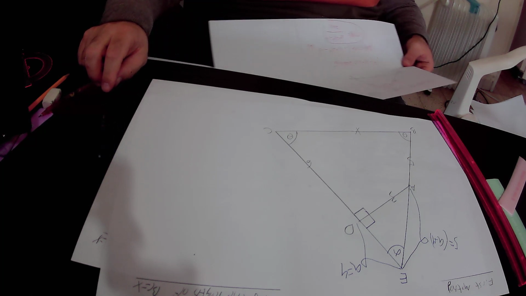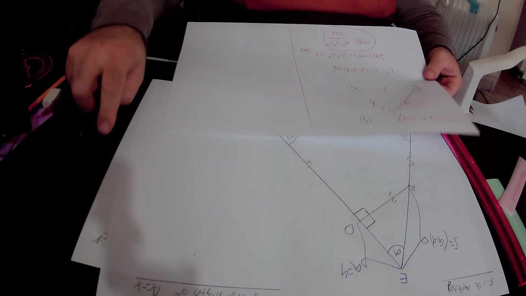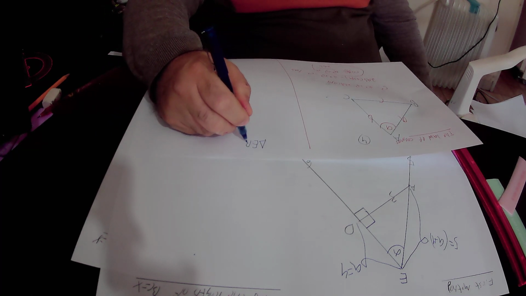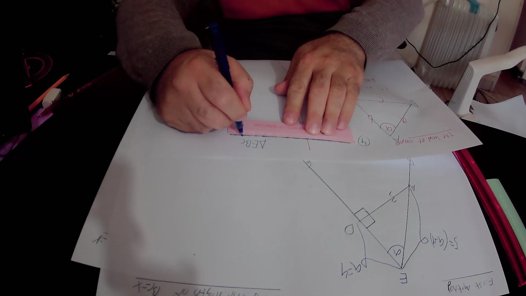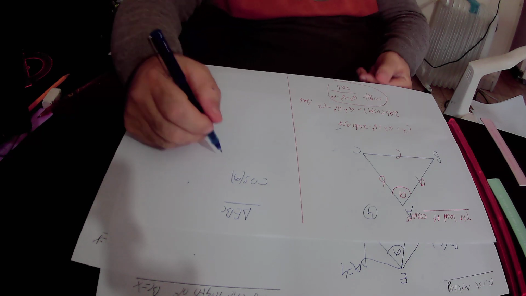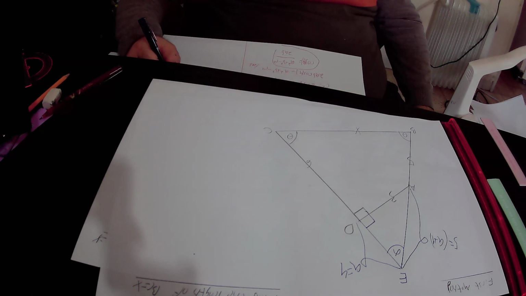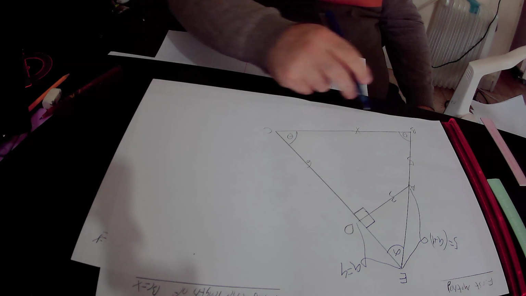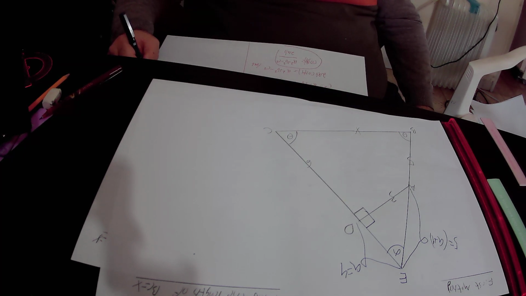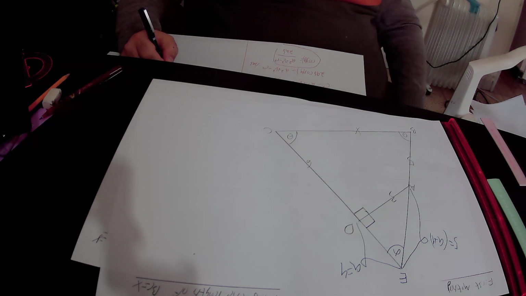So here, according to the law of cosines, in triangle EBC, cosine alpha, according to this equation, equals EB squared plus EC squared minus BC squared over 2 times EB times EC.